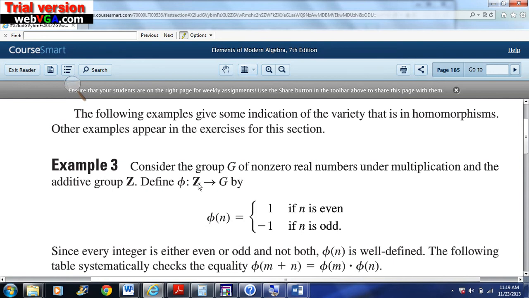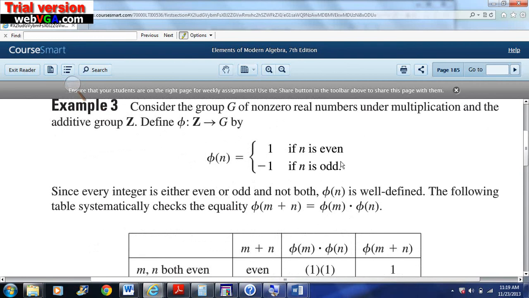And Z, of course, is the integers, so you would have dot dot dot, -3, -2, -1, 0, 1, 2, 3 for Z. And this tells us how the mapping occurs here. Phi of n is equal to 1 if n is even, and -1 if n is odd. So that's what we have.